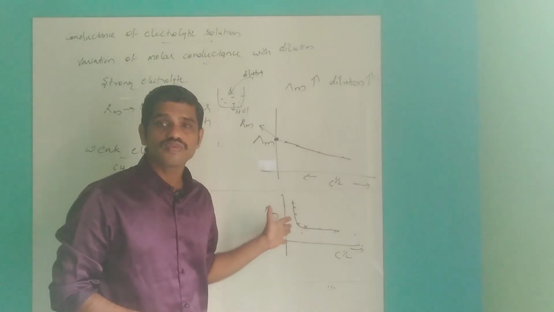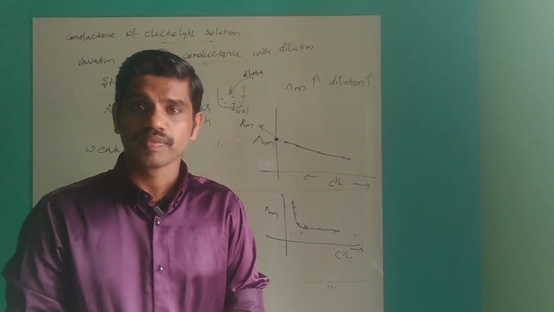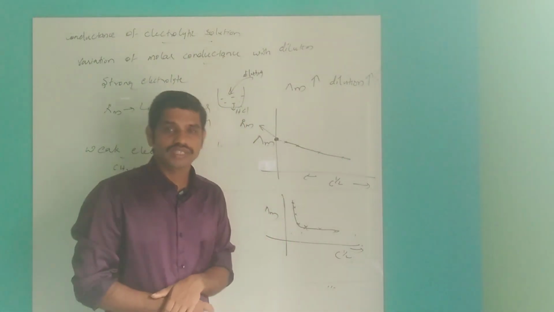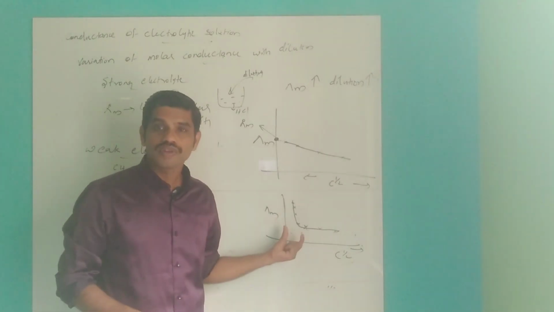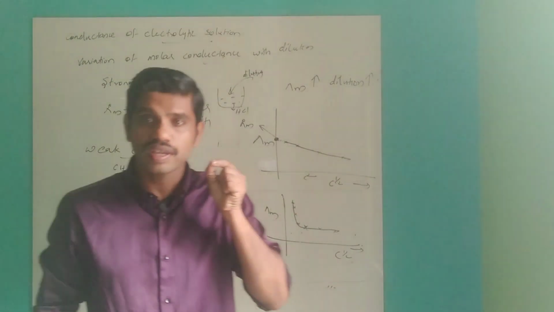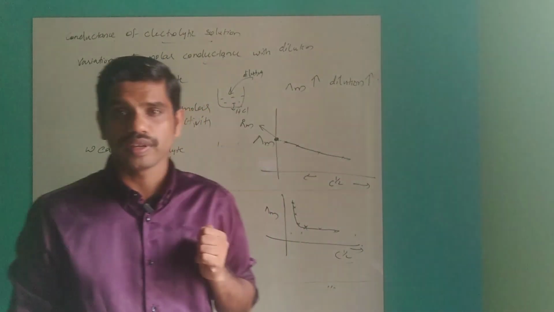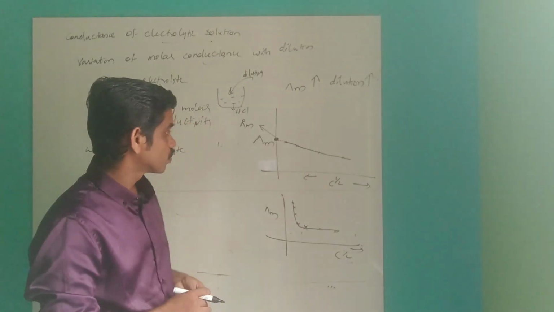So how will you find out the limiting molar conductivity? Here we will find it using Kohlrausch's law. Using Kohlrausch's law, we can find the limiting molar conductivity of a weak electrolyte. For a strong electrolyte you can also find it, but mostly we use it for the weak electrolyte.